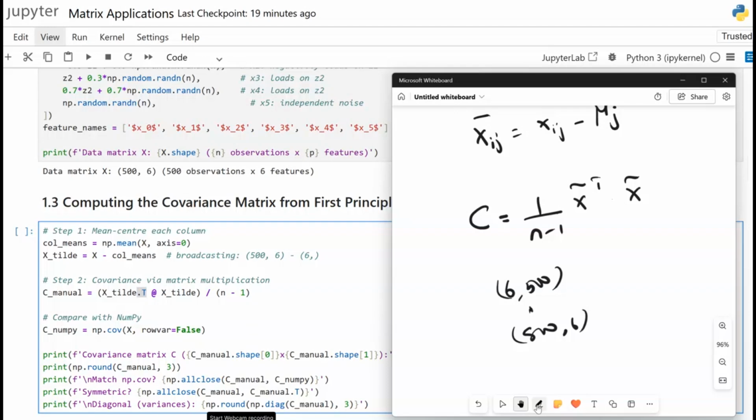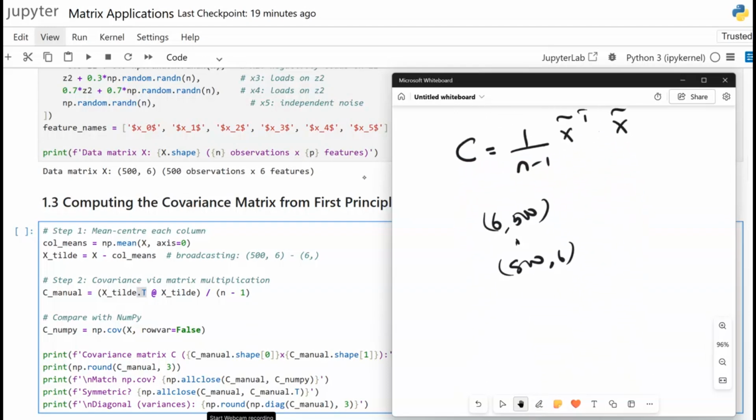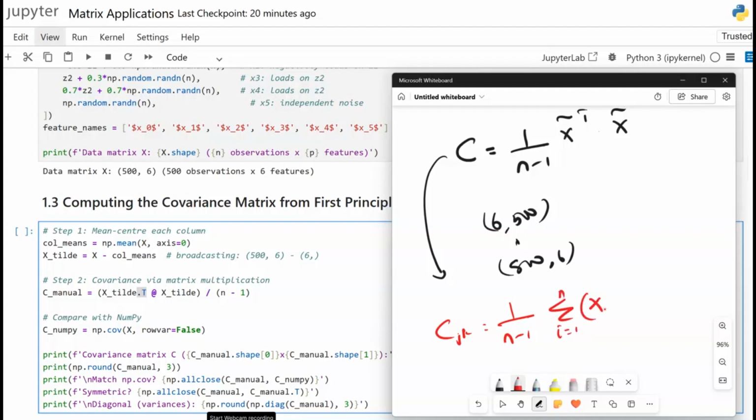And for each entry, how would this be calculated? Let me specify it like this: C sub jk equals 1 by n minus 1, summation of i equals 1 to n, x sub ij minus mean j, into x sub ik minus mean k.